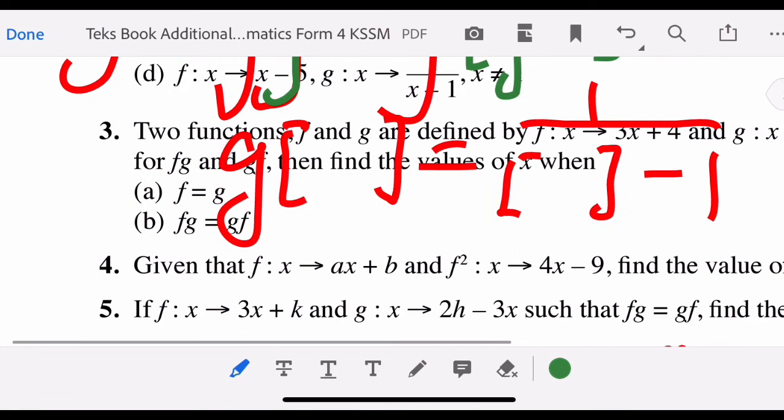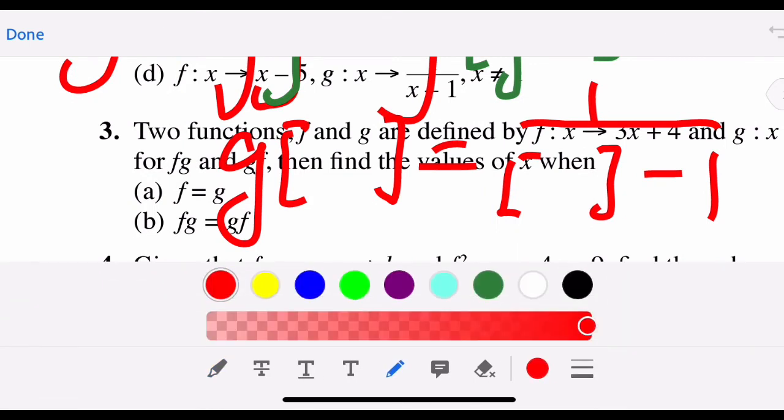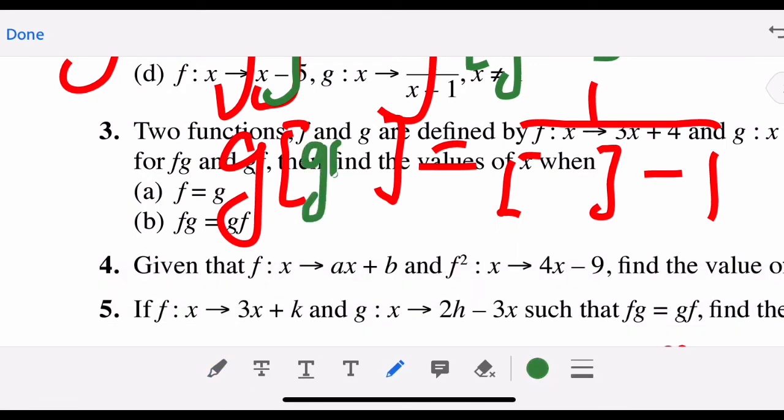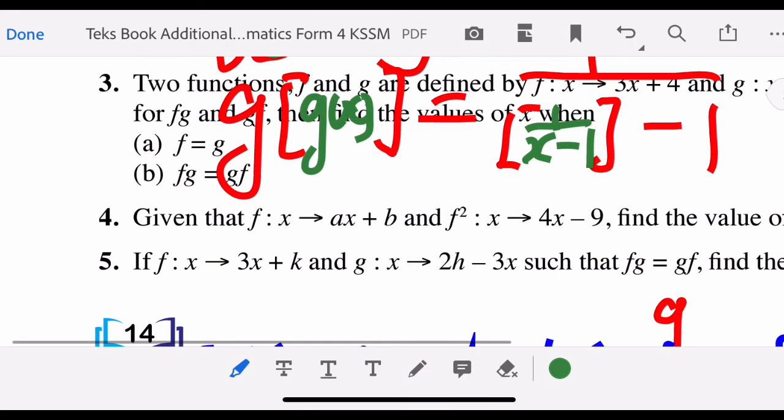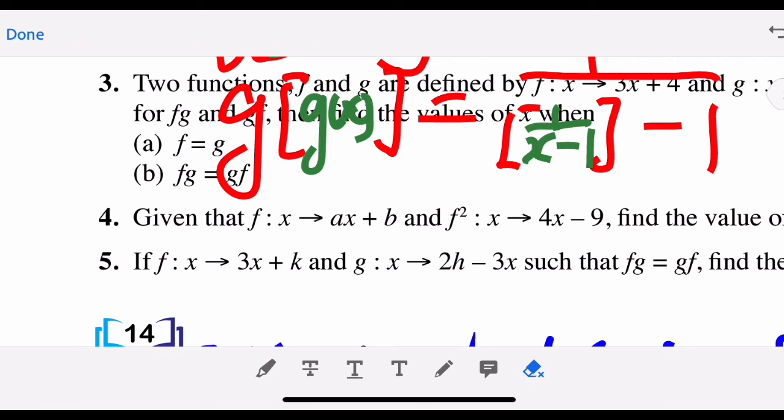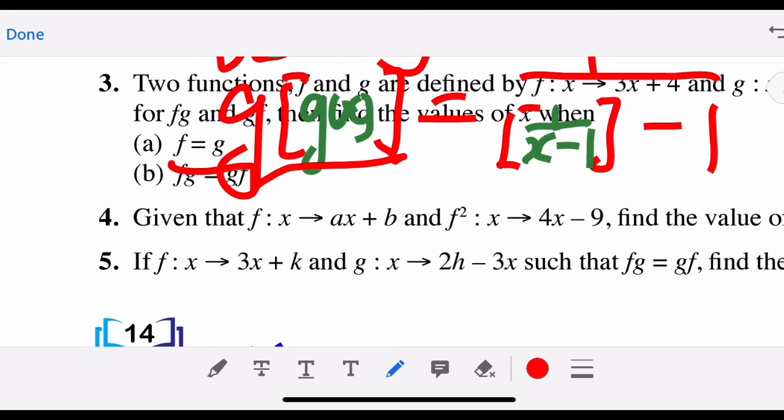Now you need to substitute the gx as an object, right? So here is 1 over x minus 1. That will give you a problem because it's a fraction. Don't worry, let me teach you how to solve the fraction. You see this is actually g2x.